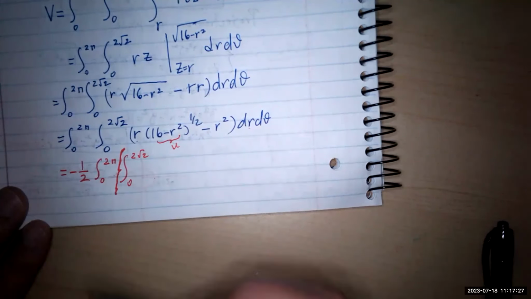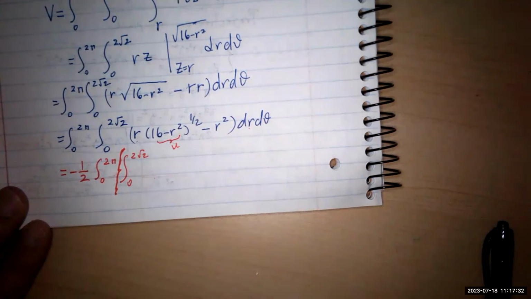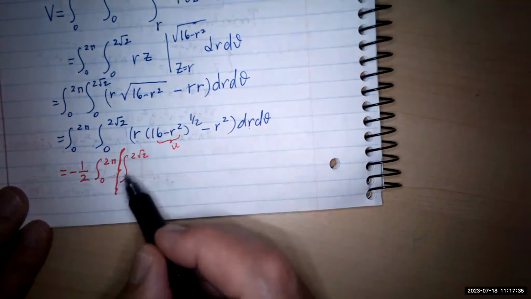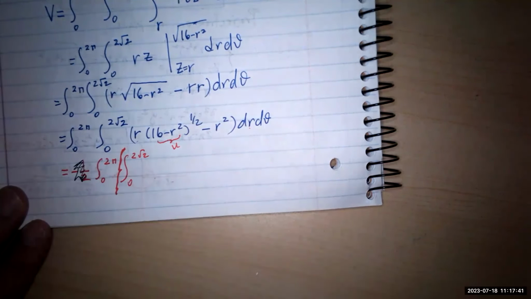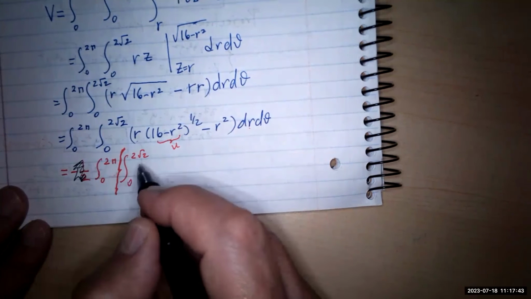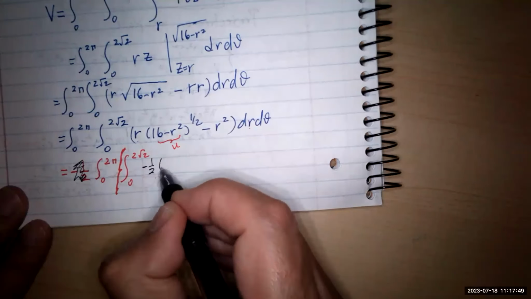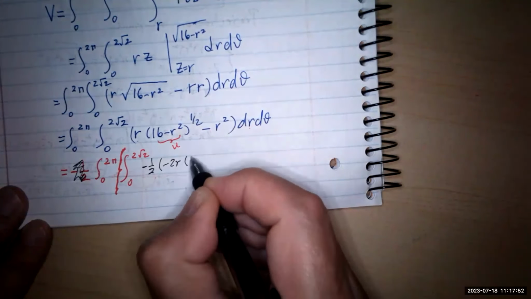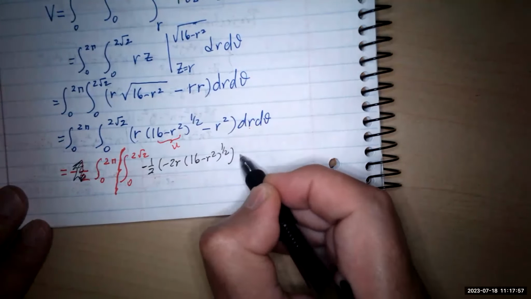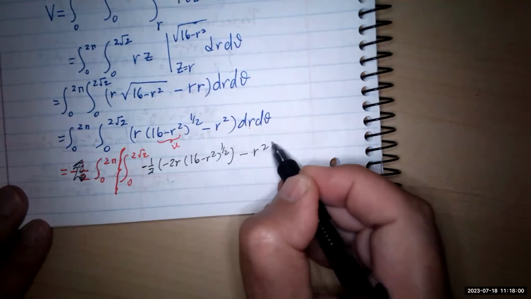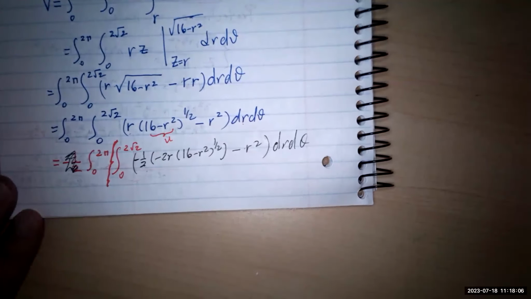So this is going to be negative 1/2. Let me do it step by step. I just want to do it right away, but I want to explain it at the same time for you. So that would be negative 2r times 16 minus r squared to the half, then minus r squared, then dr d theta.